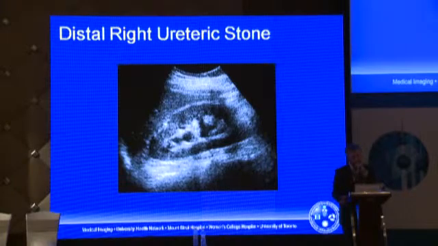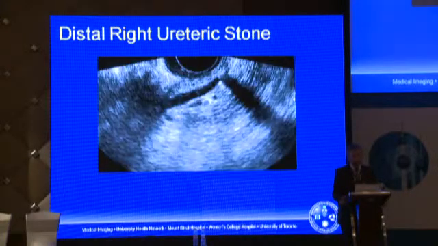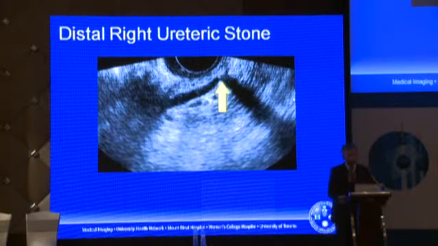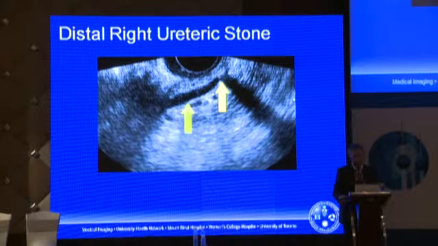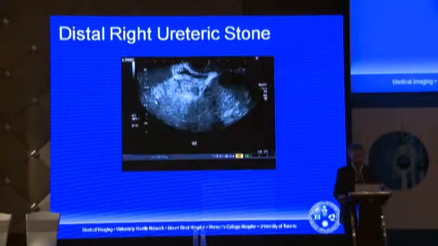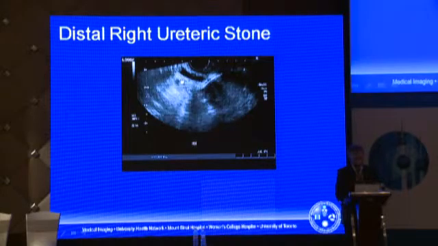And here again, we're just showing a little bit of hydronephrosis on the right kidney. There's the dilated distal ureter, and the ureteric stone with a very nice shadow. If you are going to do endovaginal ultrasound in this regard, you have to realize that the ureter sits right next to the probe.